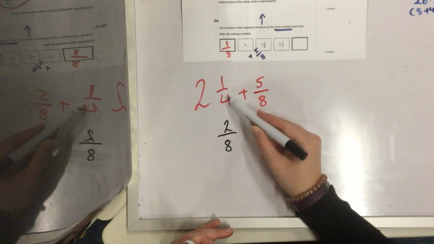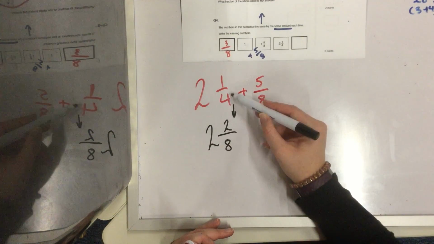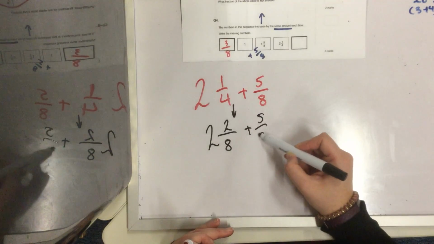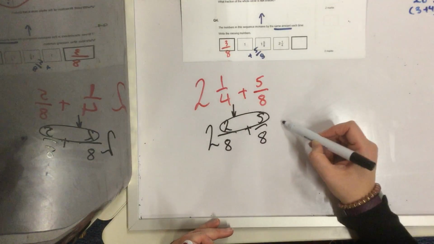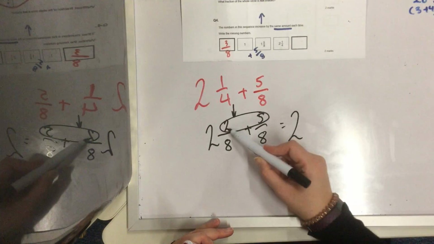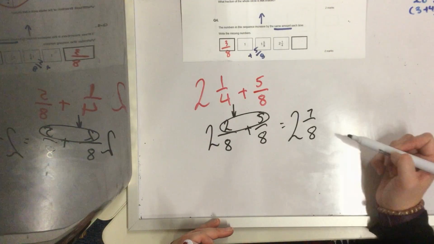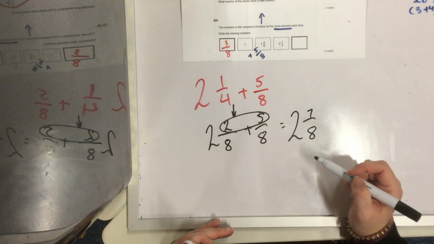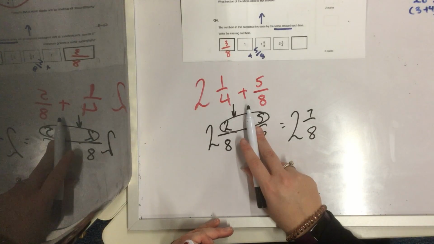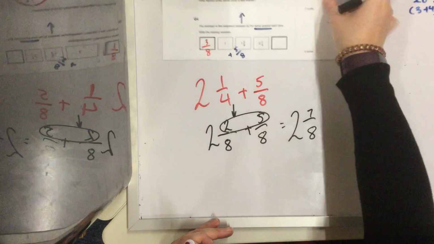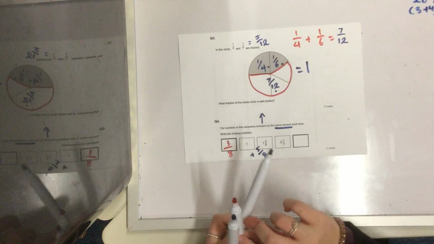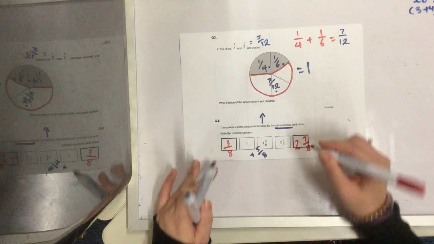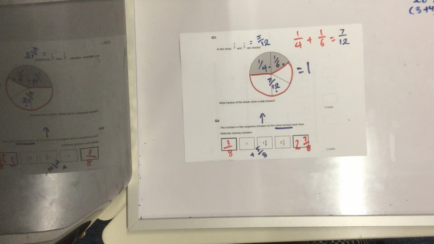So I can change this to 2 2/8 plus 5/8, which is going to give me 2 wholes and 7/8, because 5 plus 2 gives me 7. So 1/4 plus 5/8 gives me 7/8: 2 wholes and 7/8, and that would be the answer for my sequence.